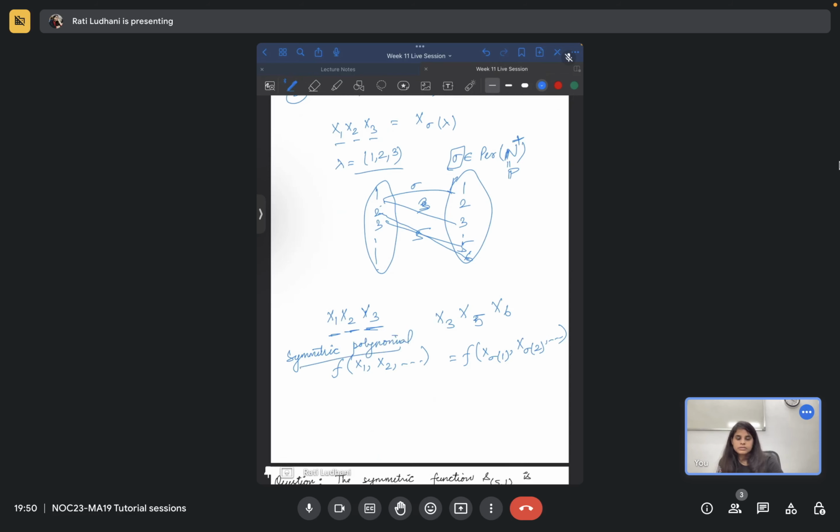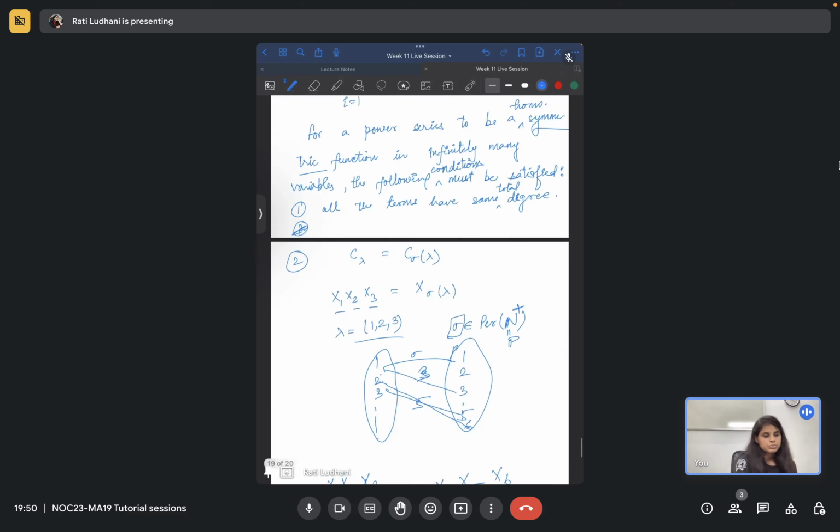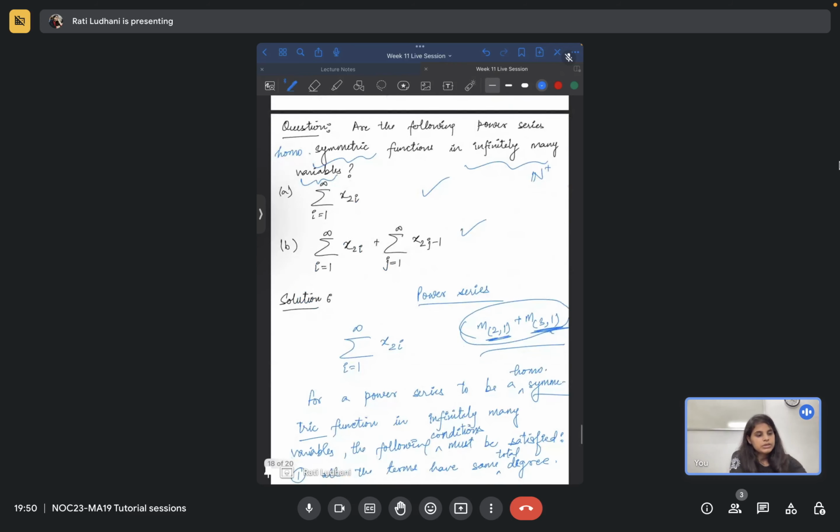Is that clear? Actually I should not write polynomial, because a polynomial is usually finite. A symmetric power series or symmetric function can be a possibility. So these two conditions should be there. Now can you tell me if this is a homogeneous symmetric function?